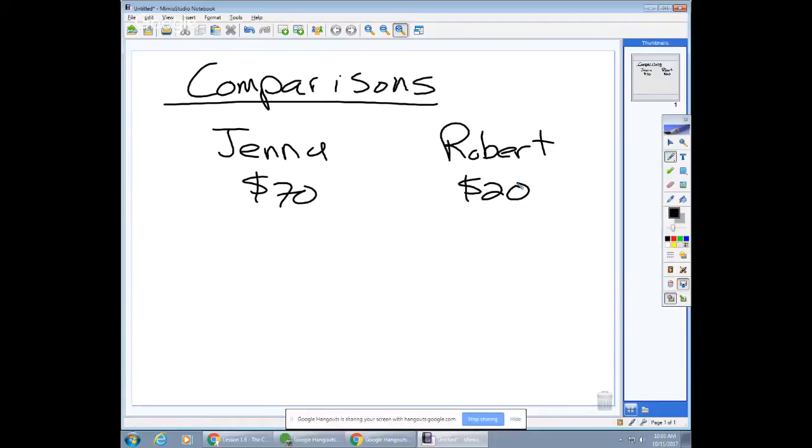So there are 2 ways to talk about the difference between them. One way is to use a literal difference, which is the most common way. Difference means subtract, right? So I take Jenna's 70, I subtract Robert's 20, I get a difference of 50. So could I say Jenna has $50 more than Robert?